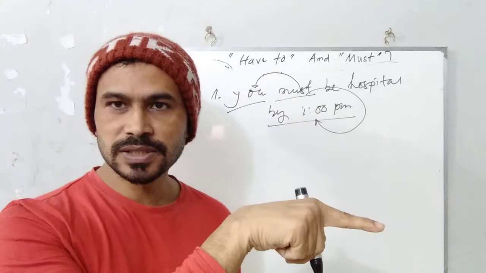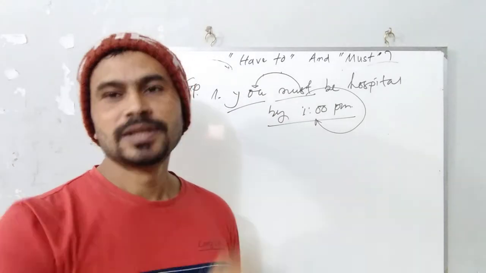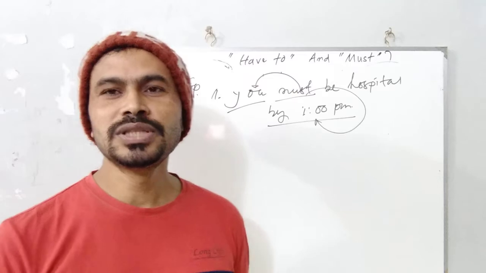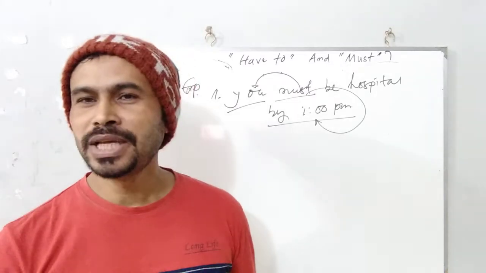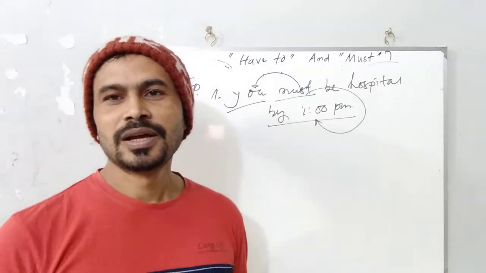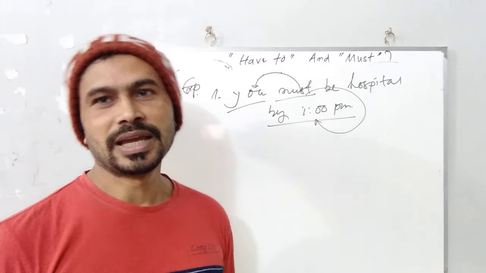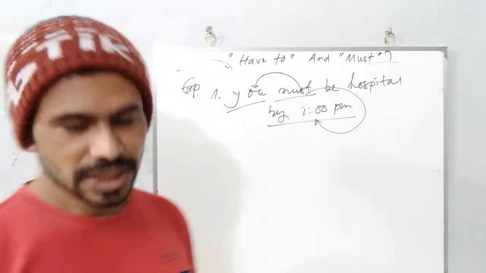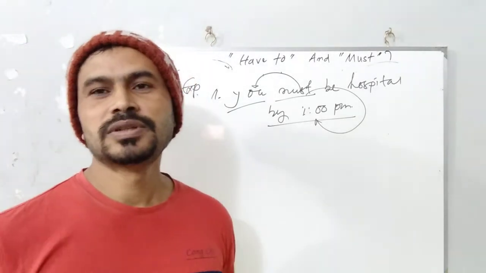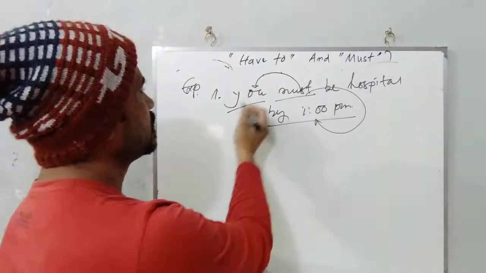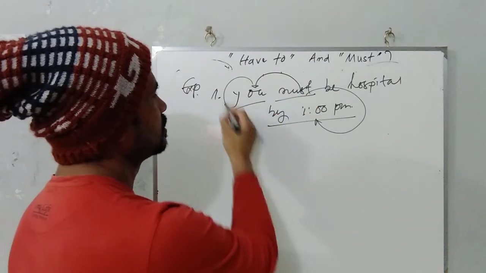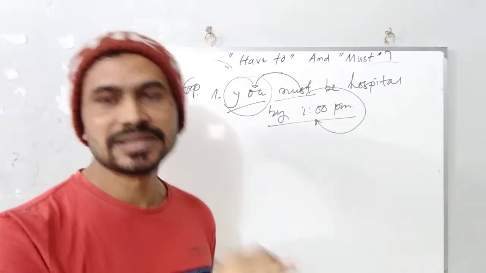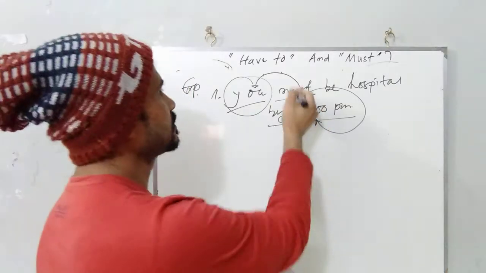So you must, okay, have to is used as an objective obligation, and must is used as subjective obligation. Must refers to, indicates, or emphasizes the subject.